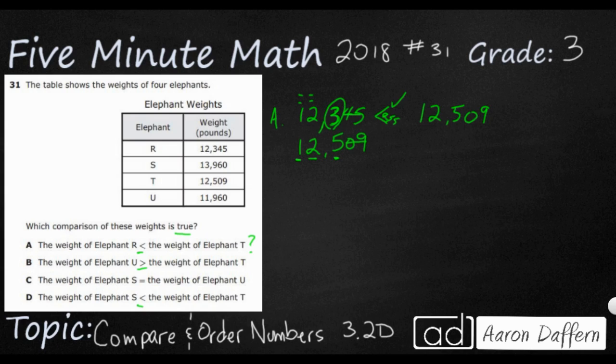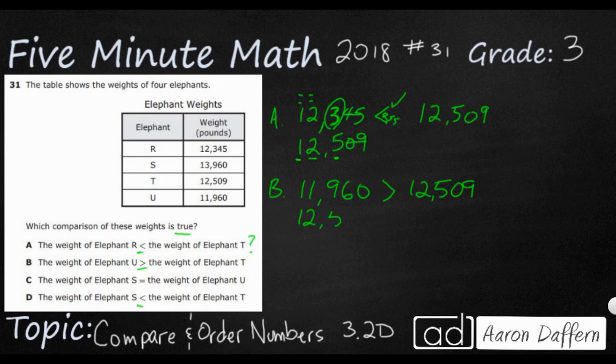Let's look at B, C, and D. So B, the weight of elephant U, that's going to be 11,960. This one says it's greater than elephant T, 12,509. We've already used elephant T in the one above. Same thing. Let's write it vertically, and we can compare.